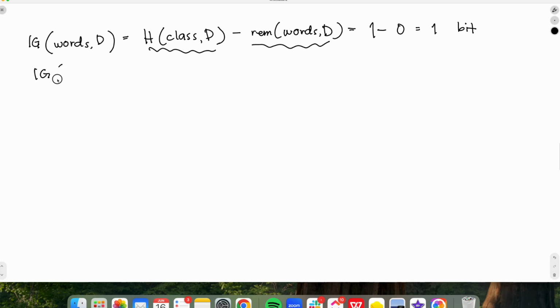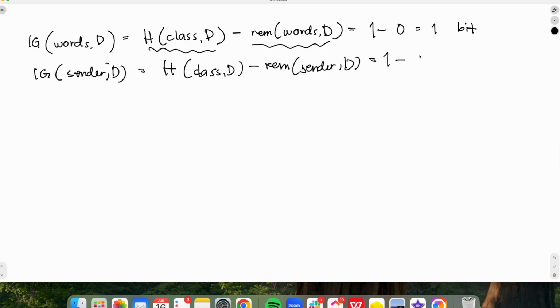For information gain in sender, we have H of class D minus remainder of sender D, and this is also equal to 1 minus 0.918, which we solved earlier, equals 0.082 bits.